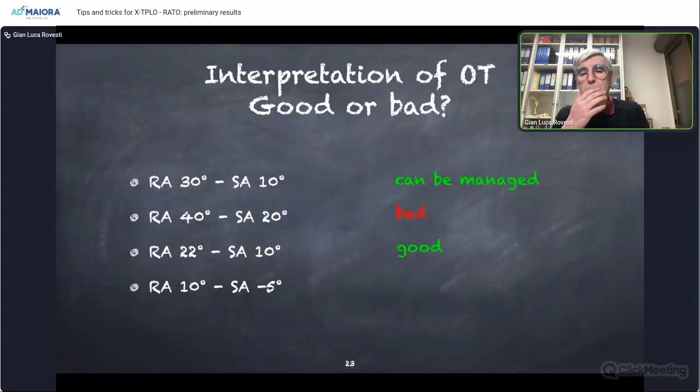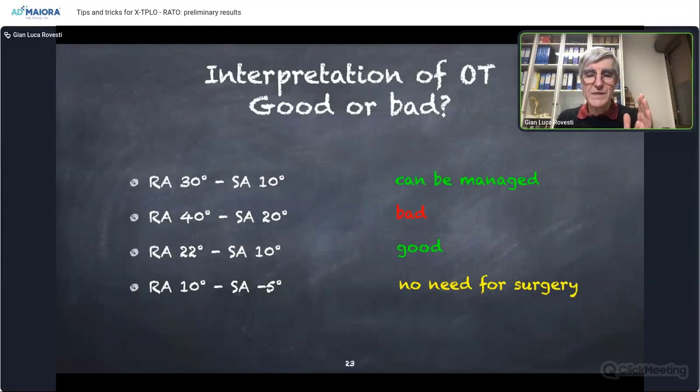This is not a standard position for a dog during walking or stance phase, etc. So if you have a transitional angle, an angle that passes through zero, let's say, this means that this dog has no need for surgery. Why doesn't it need any surgery? Simply because during physiological walking, this femoral head won't subluxate. So no need for surgery.